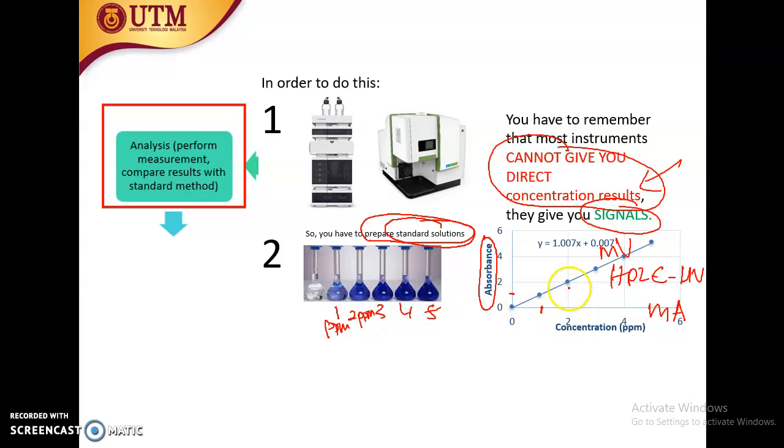And then 2 ppm will give 2, 3 ppm will give 3 signal. And then you can get a linear graph. Means that the instrument is true in analyzing concentration from 1 ppm to 6 ppm. These are all standard solution.